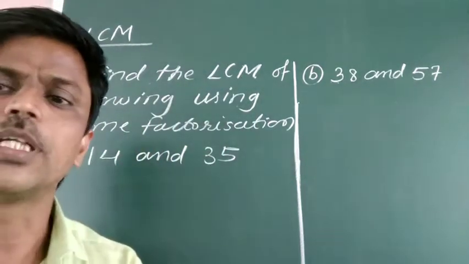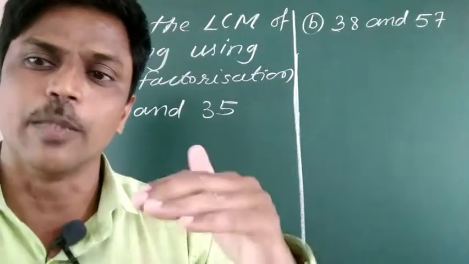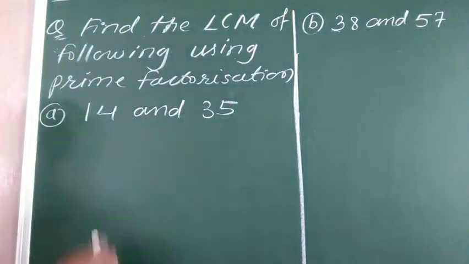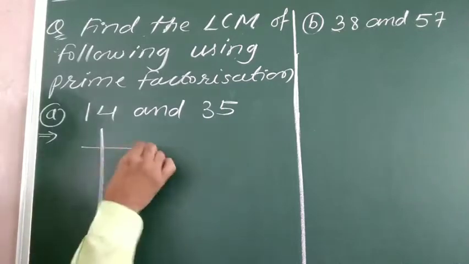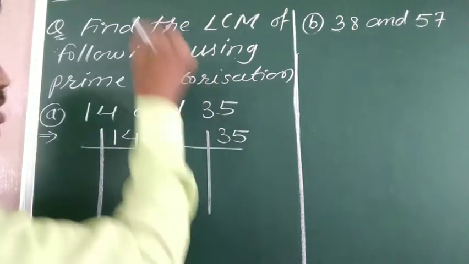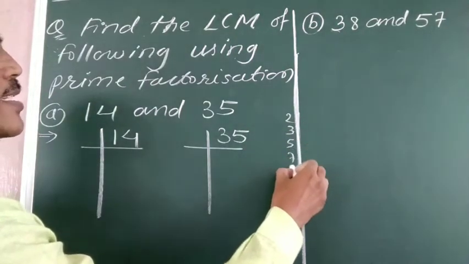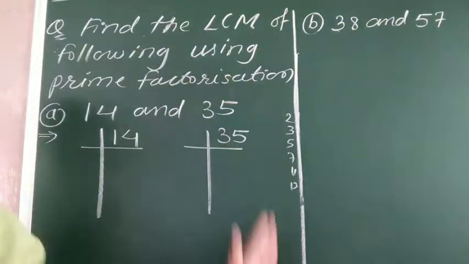Only the last two steps are different, which we have to see very carefully, and the beginning steps are very similar to HCF. As per our HCF steps, first we have to find the prime factors of 14 and 35. The prime numbers are 2, 3, 5, 7, 11, 13 and so on.